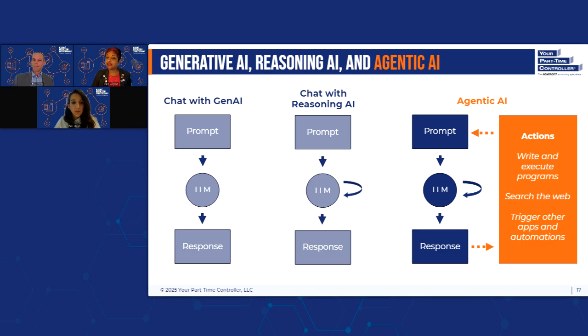So with generative AI and reasoning AI, they were only ever sending information to you. But now with agentic AI, it's sending these requests out to other tools first. Based on what you are asking it to do, it might be generating a whole bunch of responses that it then sends out to other tools that then feed more prompts into the AI.